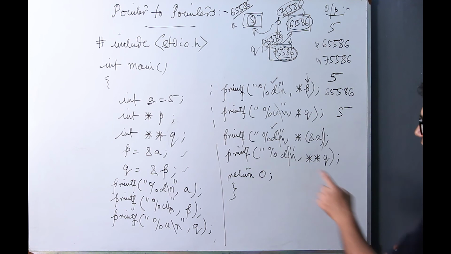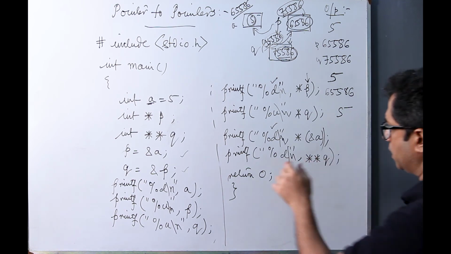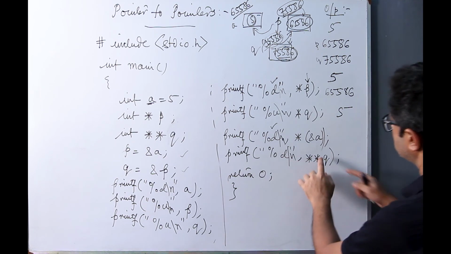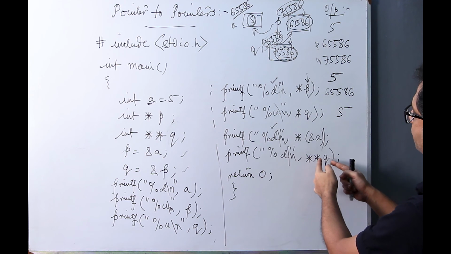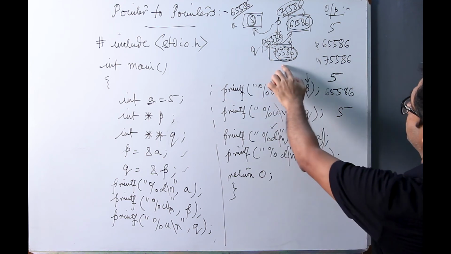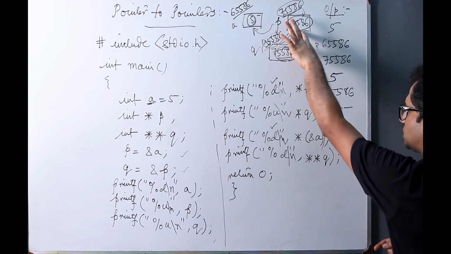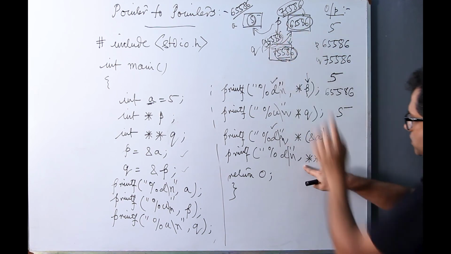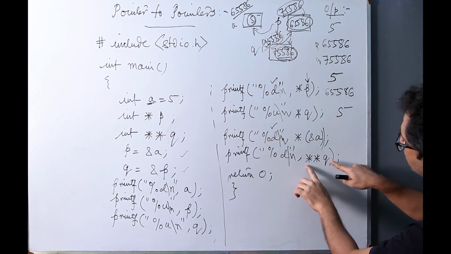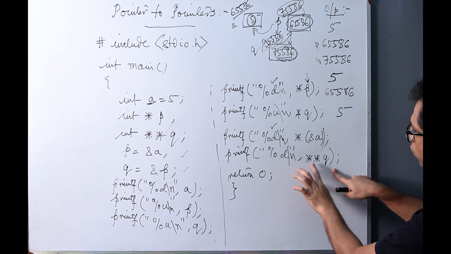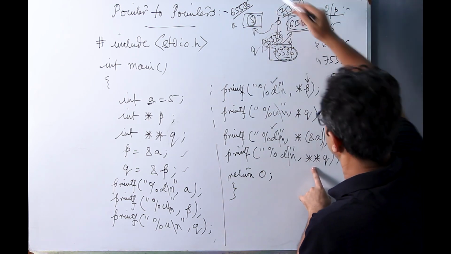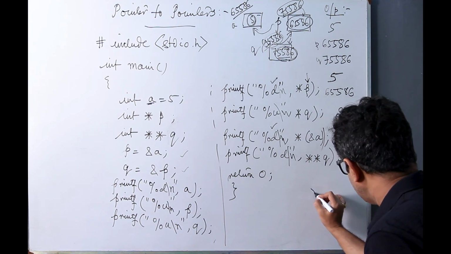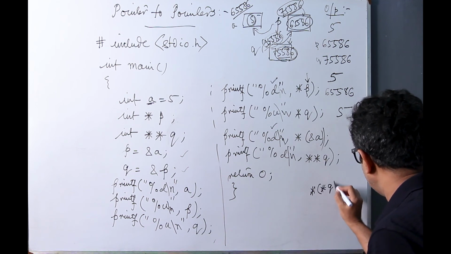And now comes the last line of this program. Printf %d, new line, star star q. Star q means whatever is the value at q. Value at q means 75586 contains 65586. And I have taken another star. This star means star of star q.